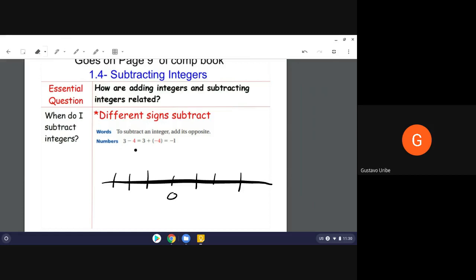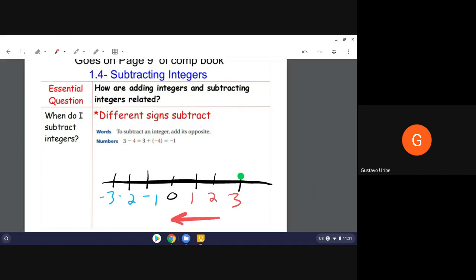So, here's my number line. There's my 0. Let's choose a different color. 1, 2, 3, and I'm going to choose a different color for my negatives. So the first number that's smaller than 0, whole numbers, negative 1, negative 2, and negative 3. So we're starting at 3, and I'm going to take away 4. When you subtract, you go to the left on a number line.